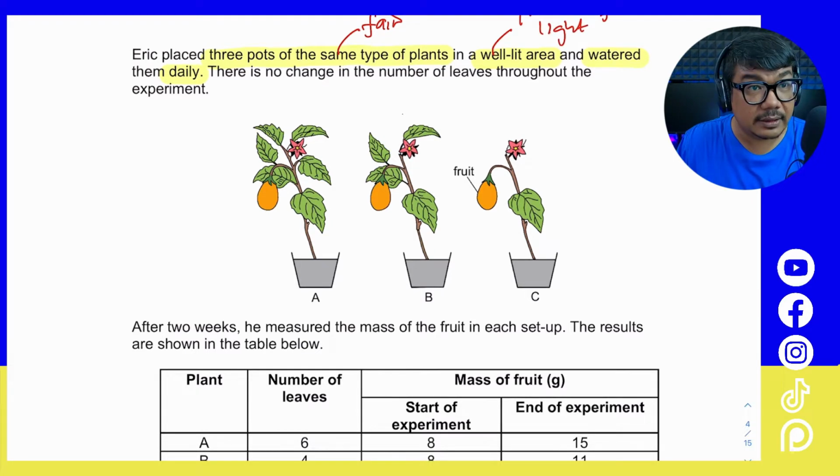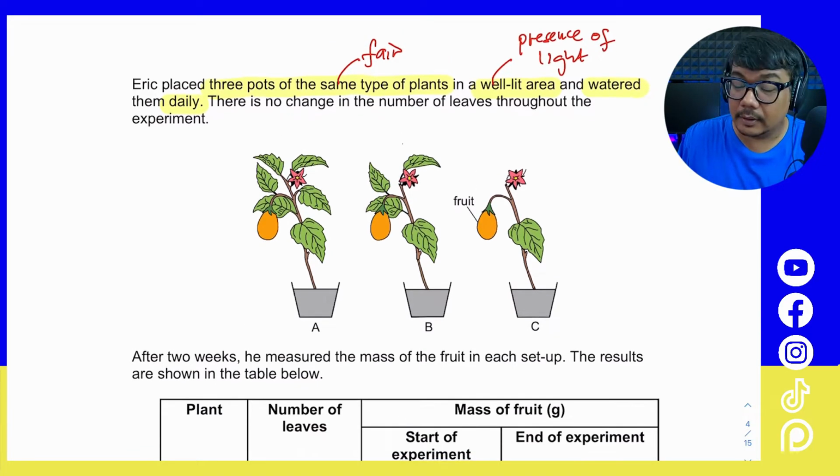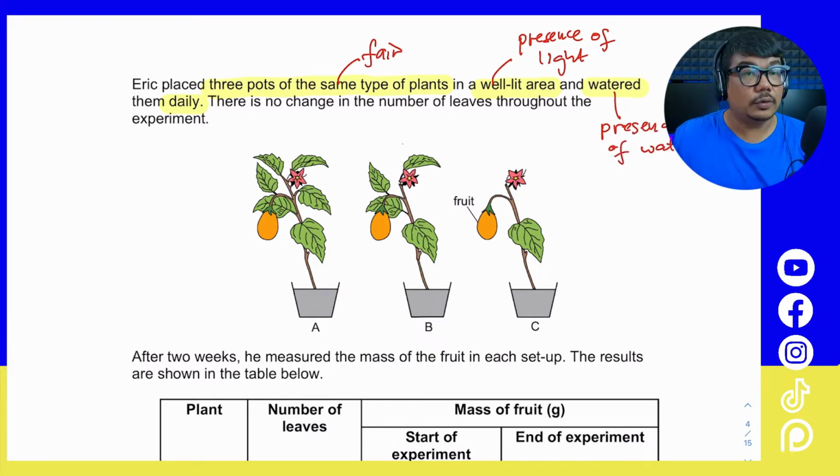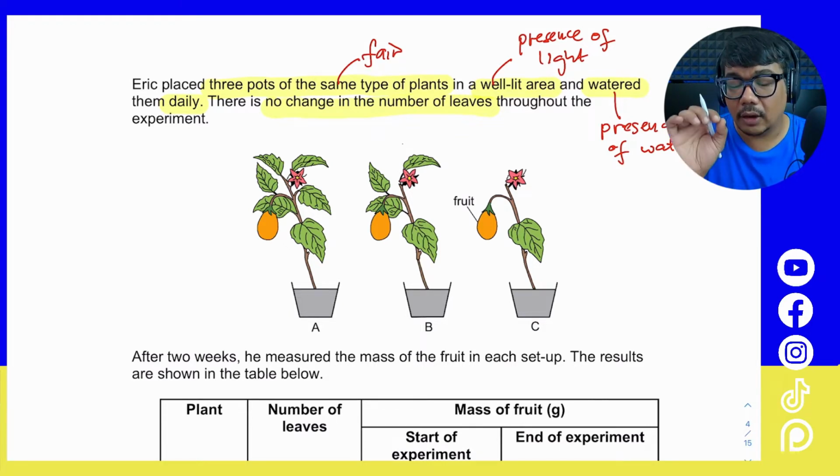Watered them daily, so that means there is presence of water. There is no change in the number of leaves throughout the experiment. When we are looking at the leaves, what is the significance of the leaves in terms of photosynthesis?